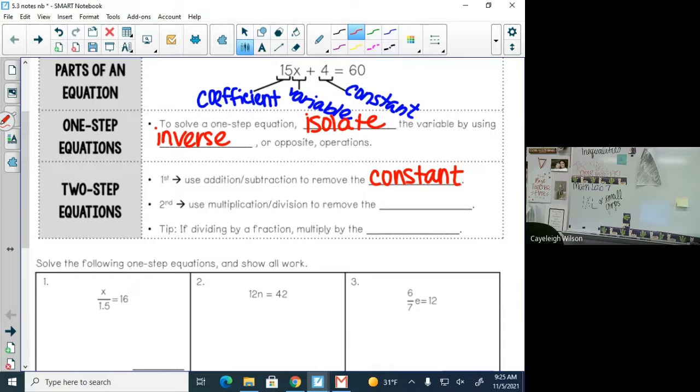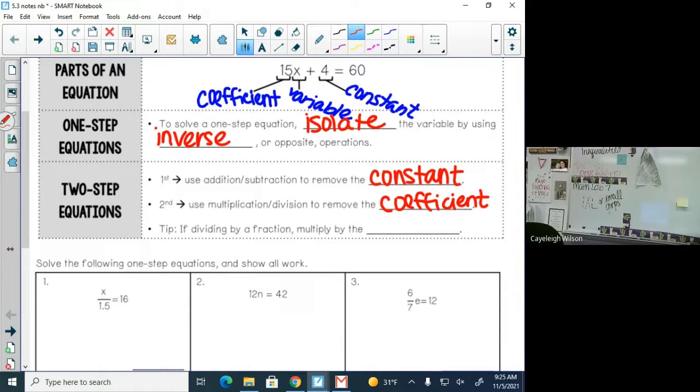And that multiplication or division will come from here, which removes the coefficient. So like if I was solving that one up there, I would first subtract the 4 since it's an add 4. Then I would divide by the 15 because it's multiplied by 15, and that would get that x by itself.